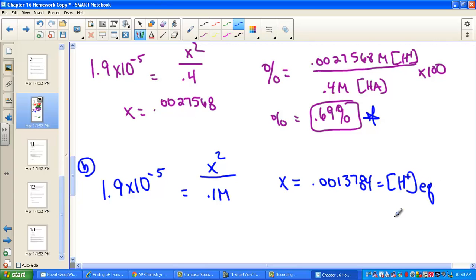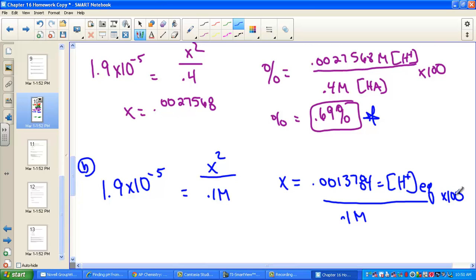Let me hit my math again just to be sure I did it correctly. E negative 5 times 0.1, square root that answer. Hit it twice, I found the same answer, so I just like to know for sure. Now let's place that value of X over the original concentration of 0.1 molar and find the percent ionization.